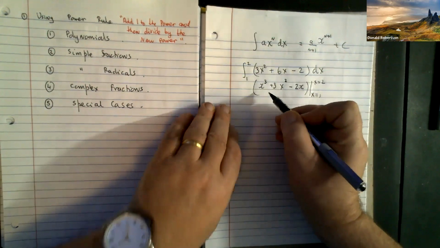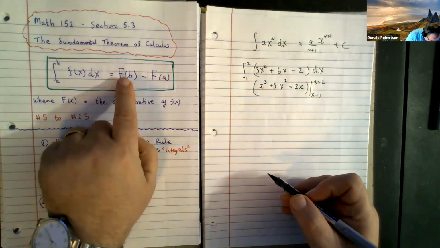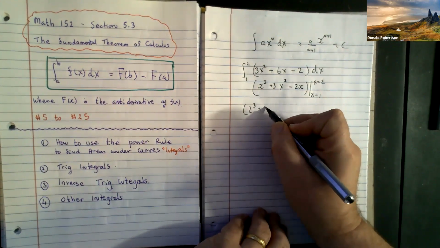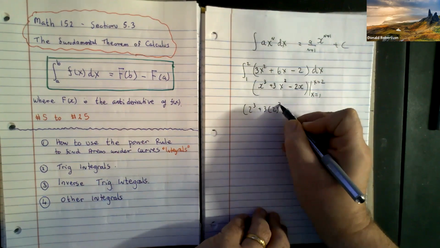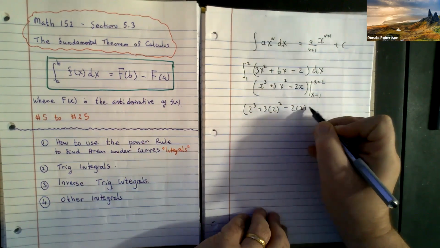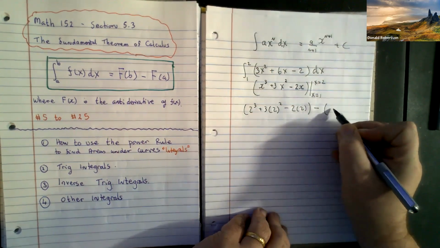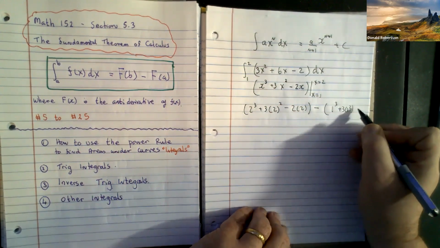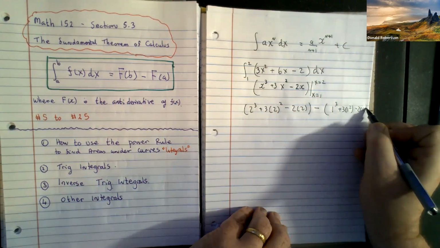So when we plug in, we're going to get 2 cubed plus 3 lots of 2 squared, take away 2 lots of 2, subtract 1 cubed plus 3 lots of 1 squared, take away 2 lots of 1.